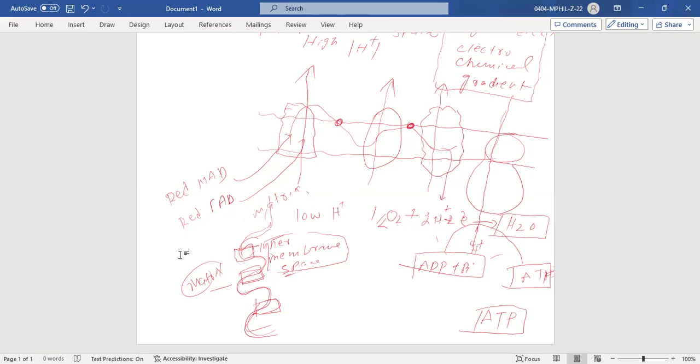ATP is made directly by substrate-level phosphorylation in the Krebs cycle. Okay, Krebs cycle we have discussed already.